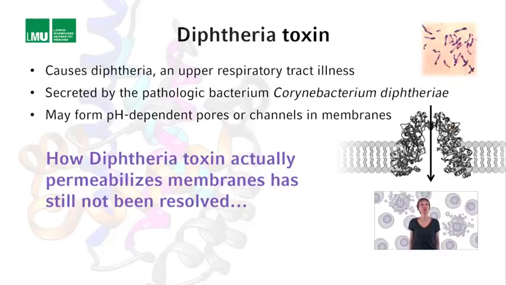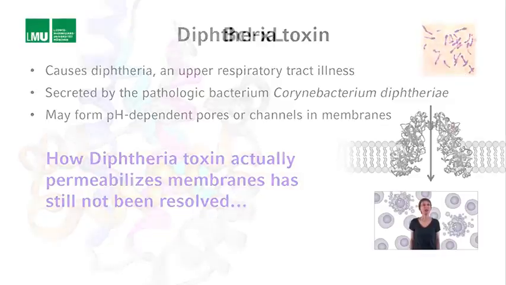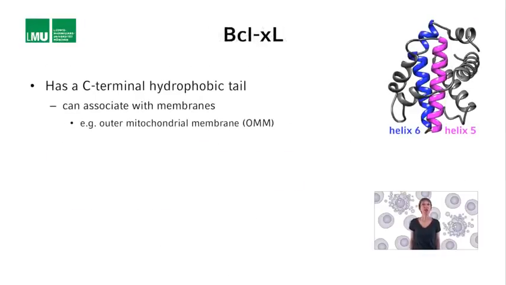What was the significance of that? BCL-XL, like many of the guardians, has a hydrophobic tail at its C-terminus through which it can associate with membranes and with the outer mitochondrial membrane in particular.